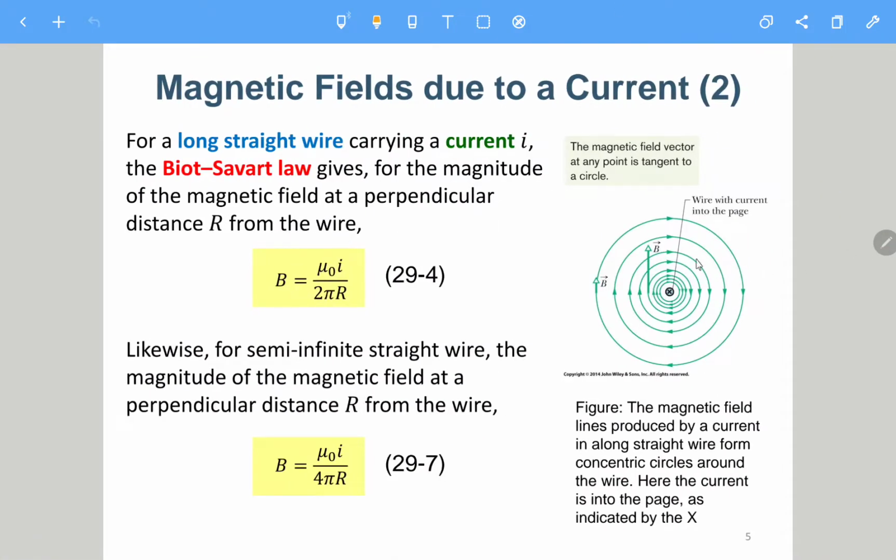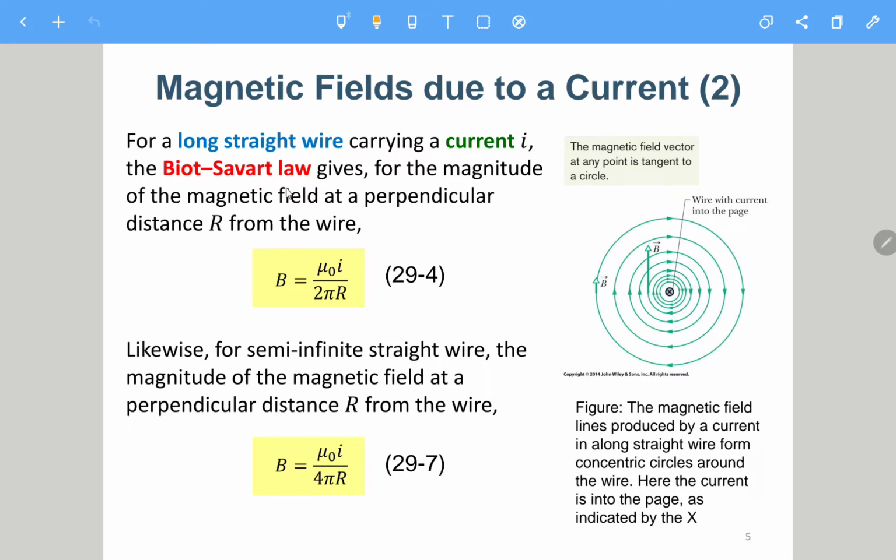Okay. So next we talk about the magnetic field generated by a current. This is a special case. You can try to remember this equation because it will occur frequently. Even though the quiz and exam will provide this to you, you can simply remember this equation.